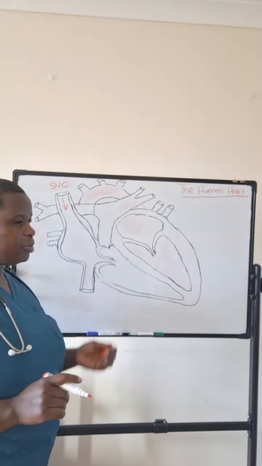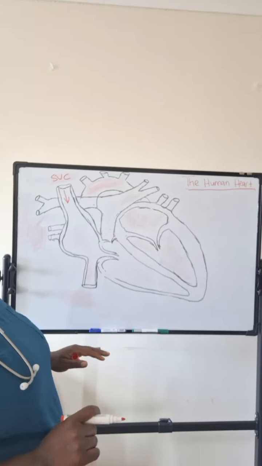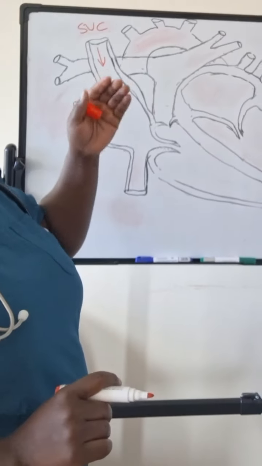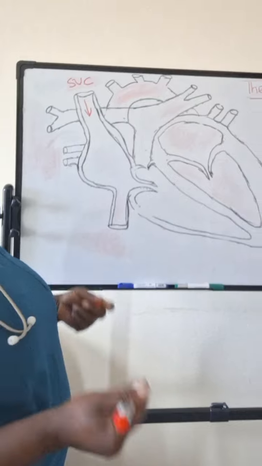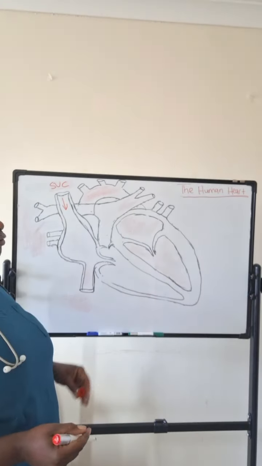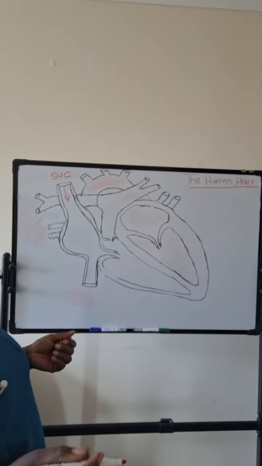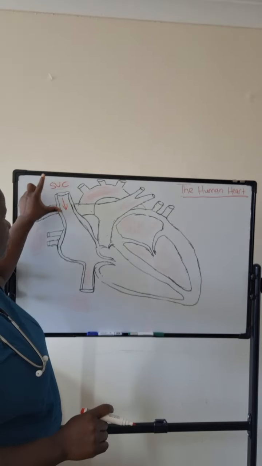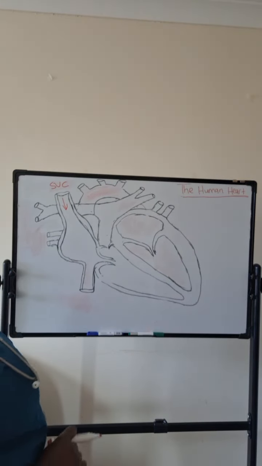The upper part of the body, which deoxygenated blood is brought through the superior vena cava, is from the head, the neck, the chest, and the upper arms. And the superior vena cava is formed by the junction of the brachiocephalic veins. It is roughly about 7 centimeters long and 2 centimeters wide.